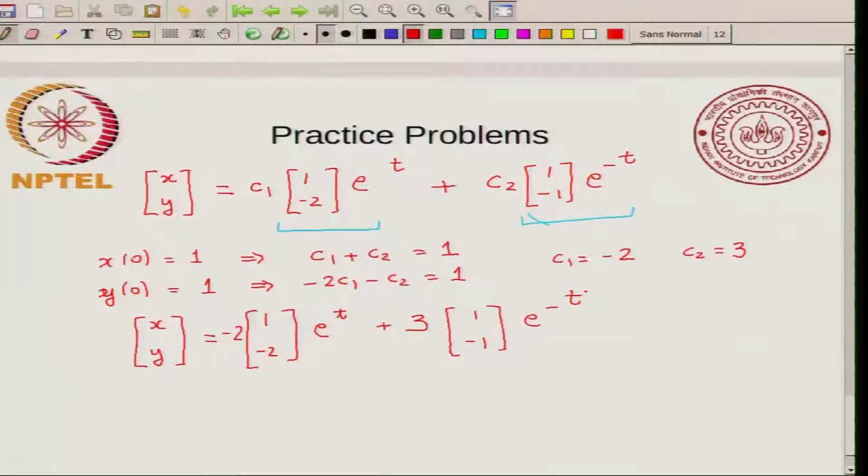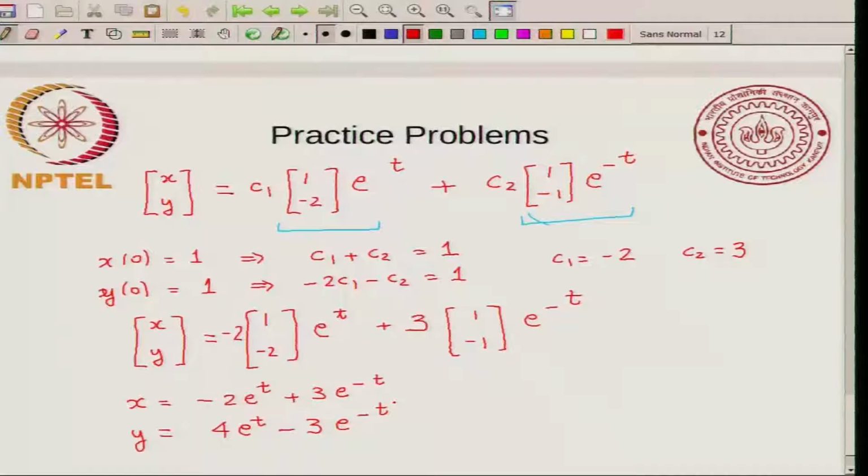So in other words I can write x is equal to minus 2 e raised to t plus 3 e raised to minus t, and y is equal to 4 e raised to t minus 3 e raised to minus t. So if I just equate the first row, I'll get this above equation.